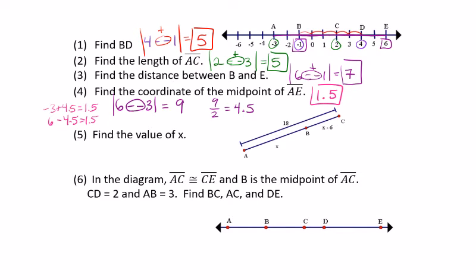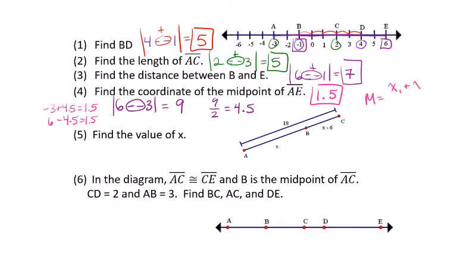All right, you might have seen the midpoint formula before too. The midpoint formula says if you add the coordinates and divide by 2, you get the midpoint. Let me write the formula first.